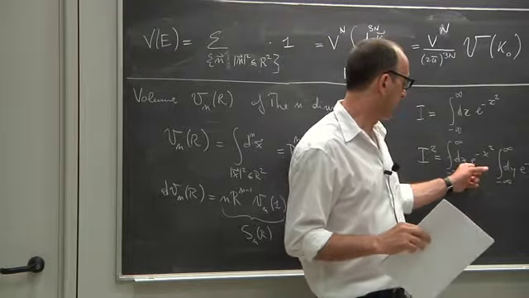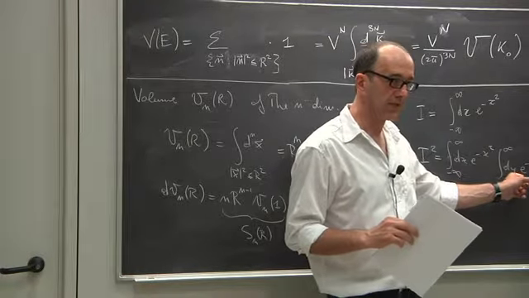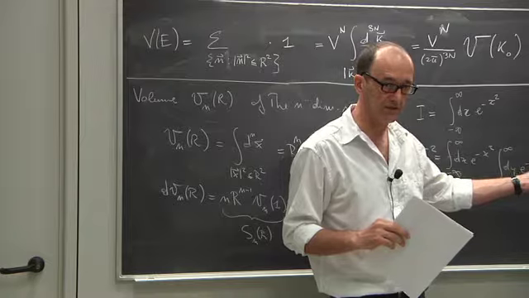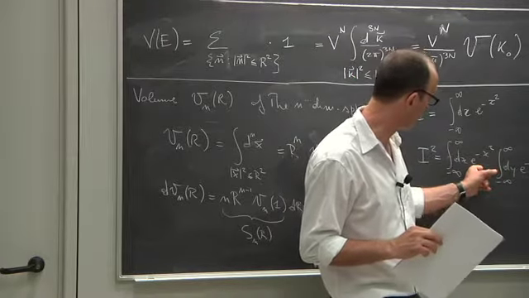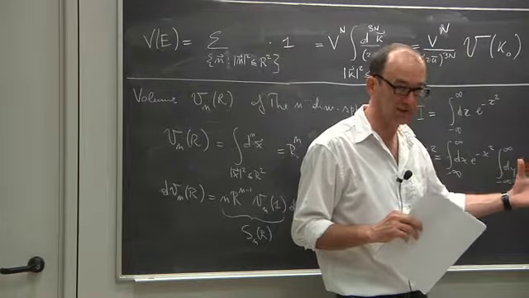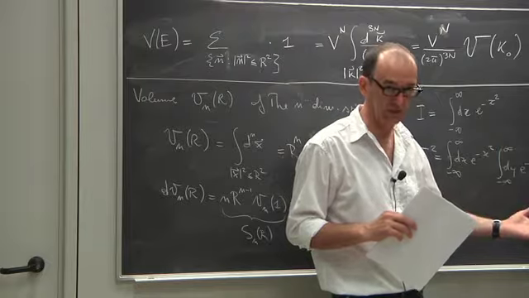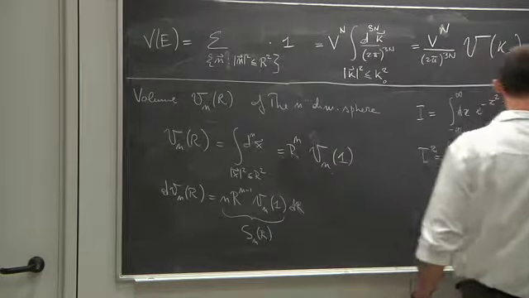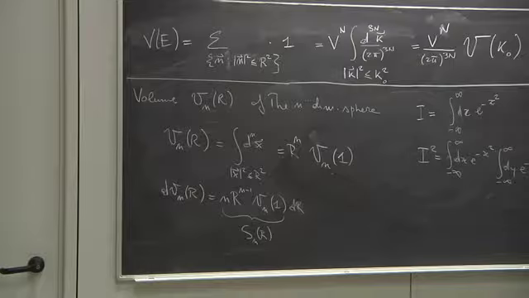Now you see I have an integral on x and y, and I can transform to polar coordinates. And the nice thing is that what I'm integrating is e to the minus x squared minus y squared, which is just the radius squared. It depends only on the radial coordinate. Okay? Then this integral is just 2 pi, which is the integral on the angle, times the integral from 0 to infinity of dr r e to the minus r squared.